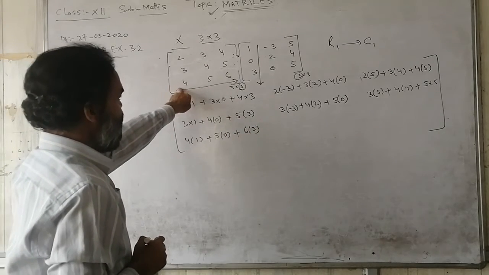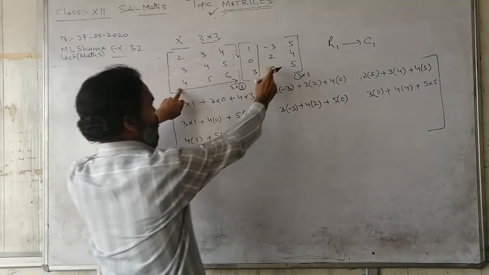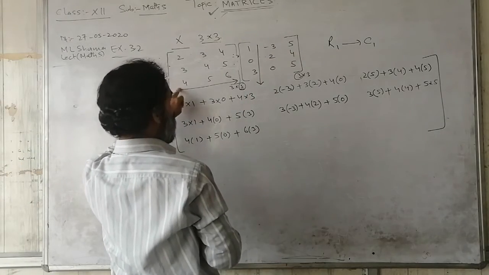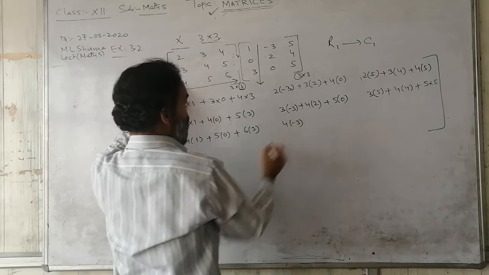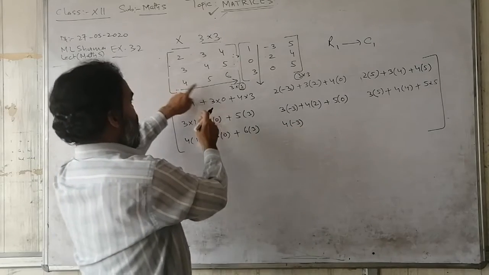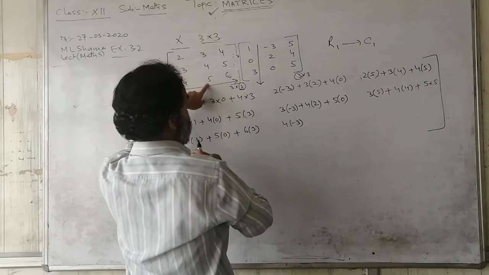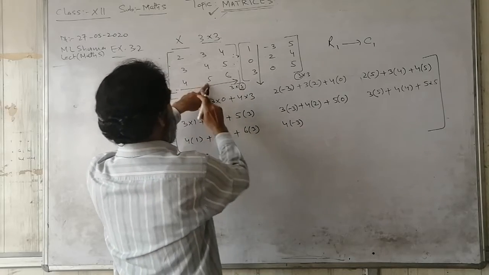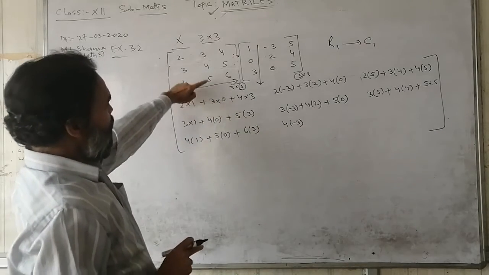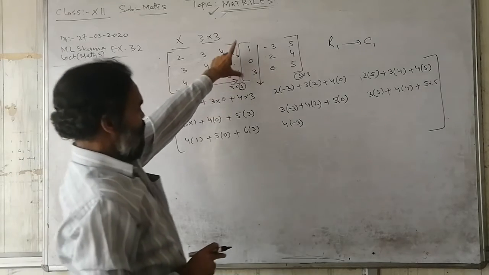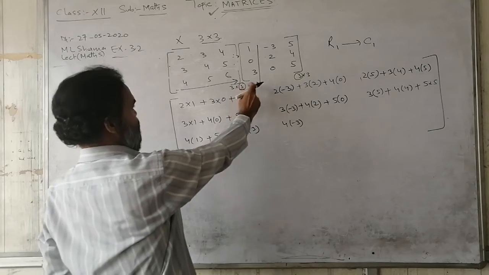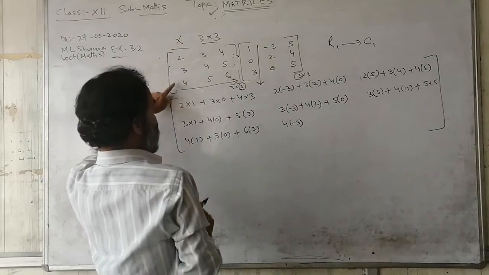Then R3 elements are multiplied by the second column, so I will have 4 into minus 3, then 5 into 2. This row R3 is multiplied by the first column, then by the second column.